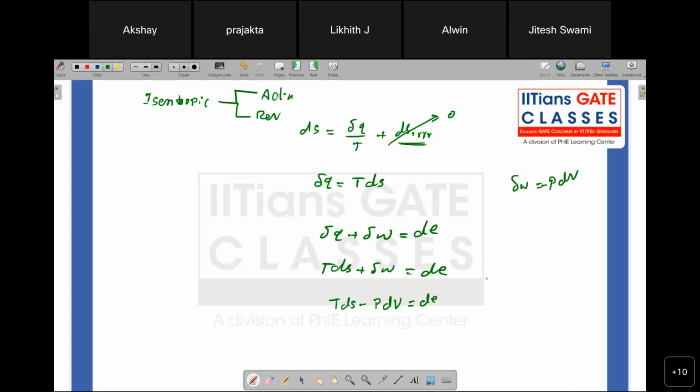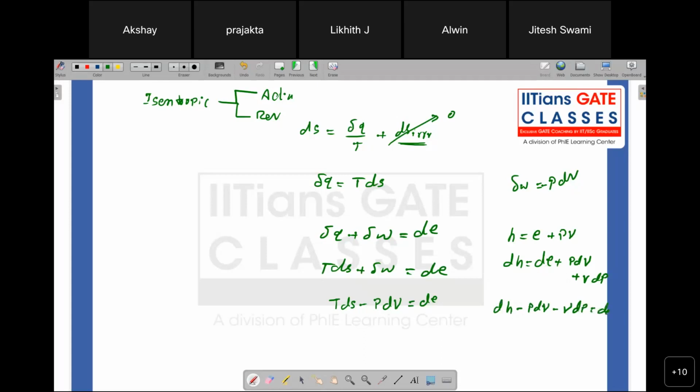Again I have the relation between enthalpy and internal energy, H is equal to E plus PV. If I take the differential of that, it is nothing but dH equals dE plus PdV plus VdP. So I can replace my dE from here, so that turns out to be dH minus PdV minus VdP is equal to dE.